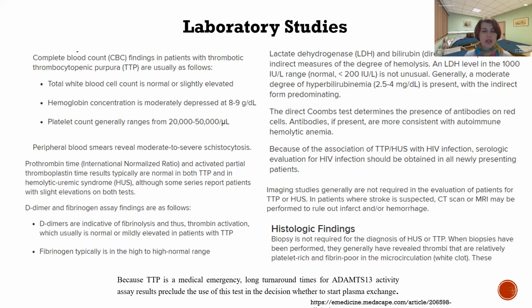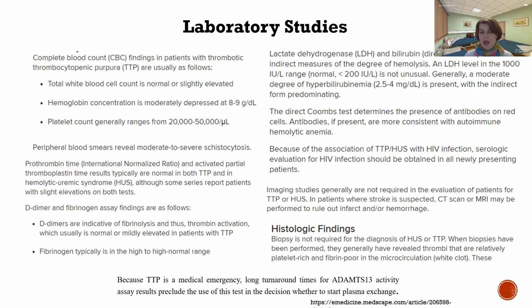Imaging studies generally are not required in the evaluation of the patient, and in patients where stroke is suspected, CT or MRI scan may be performed to rule out infarct or hemorrhage. Stroke can be ischemic, in which case we call it infarct, or hemorrhagic.